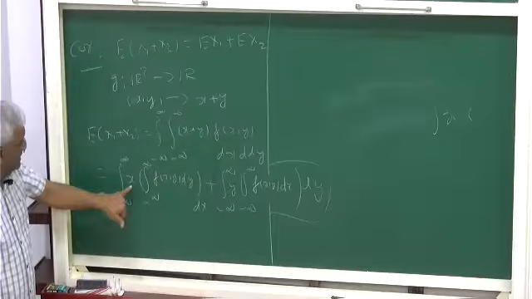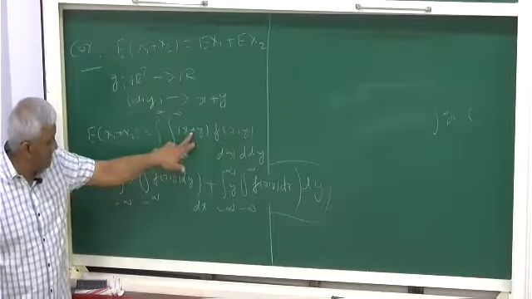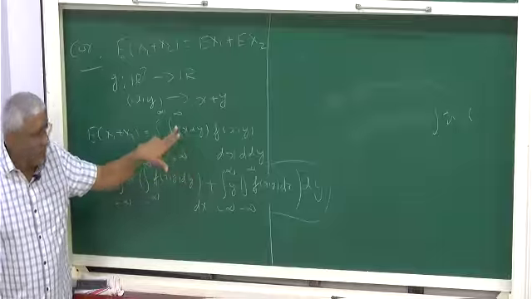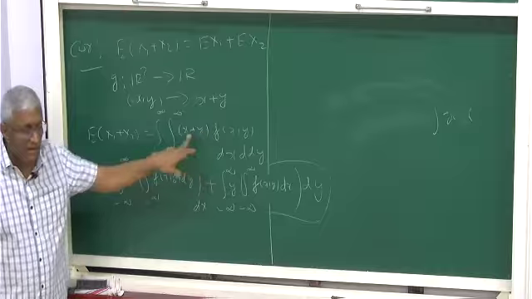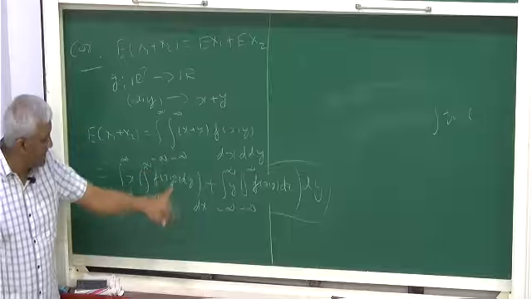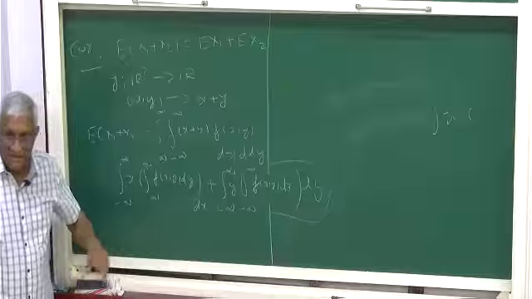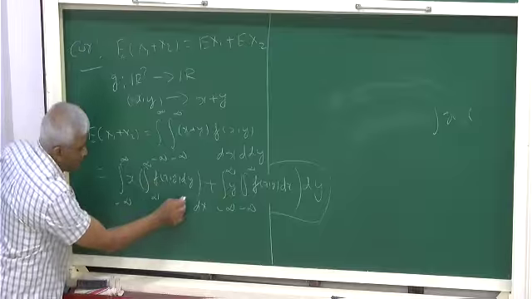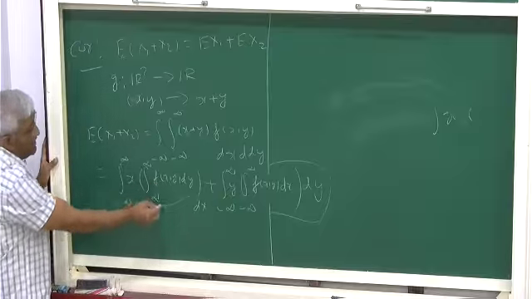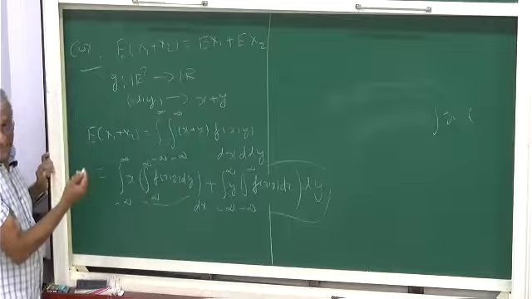Integration is linear, so I integrate this first and then this. I take the x integral inside, and similarly the other. When you integrate over y, you get the density of x.